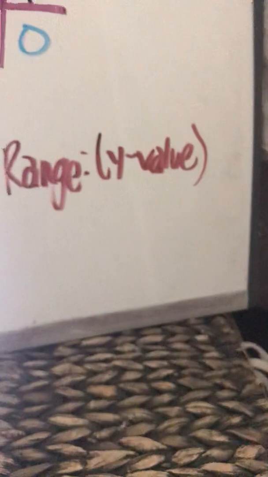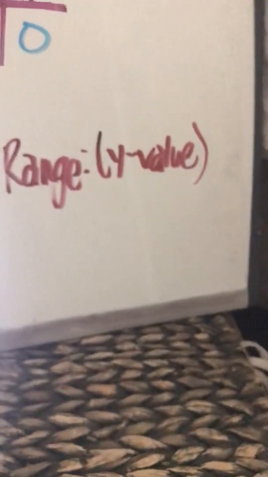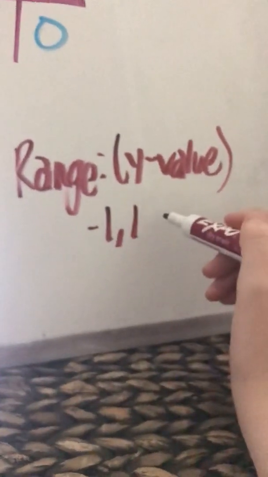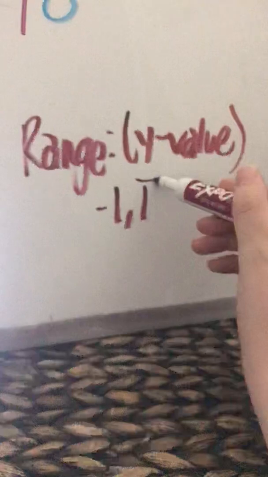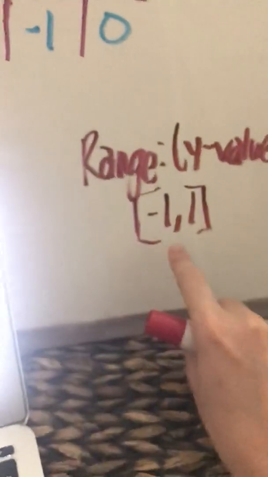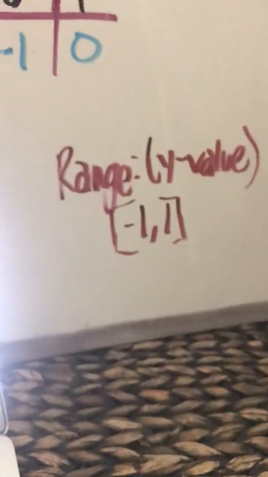And your highest y value, according to your tables there, is positive 1. So that's telling you what your range is, negative 1 to 1. And remember the direction said interval notation, so both of these should have brackets included because negative 1 and 1 are actually points on my graph.